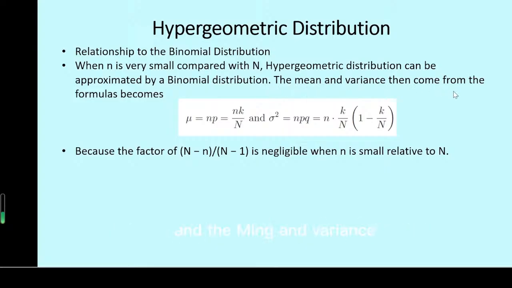The mean and the variance can be easily computed with np and npq, where p is k divided by N. So we can say k/N is almost the same from trial to trial. For sigma squared, we can use the binomial variance npq, where q equals 1 minus p, and p is k divided by N. So the forms of mu and sigma squared are much easier than the hypergeometric counterparts.